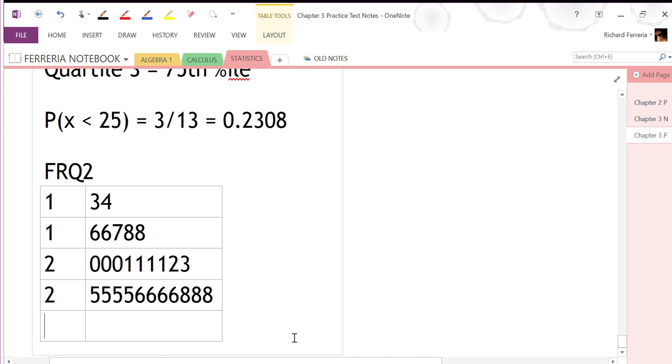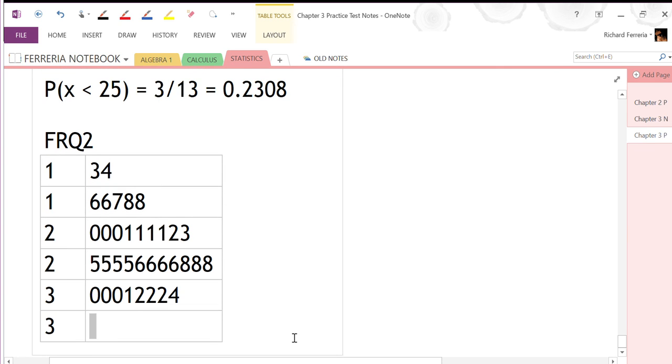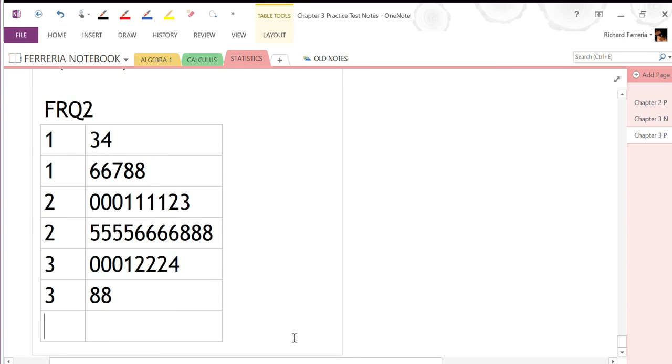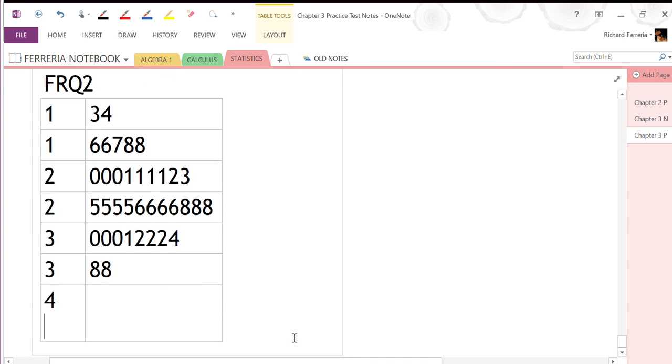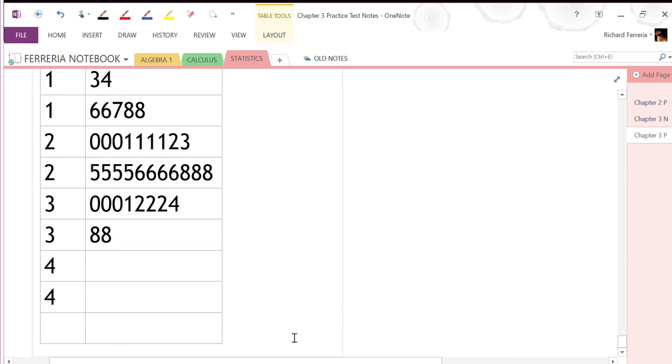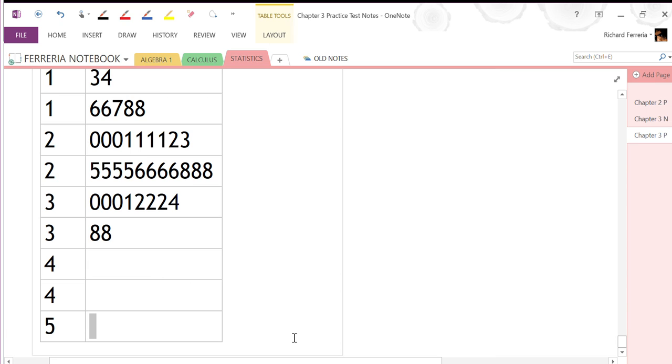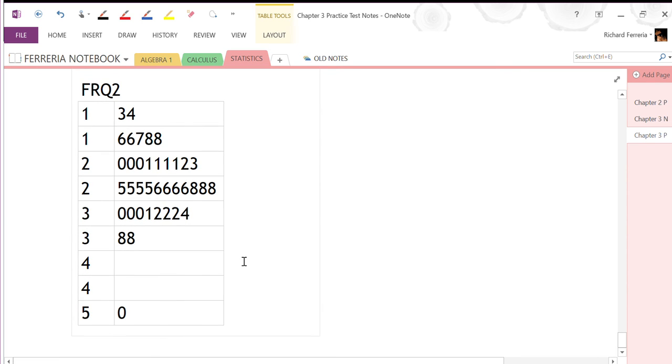Next one we have is 3. That's 0, 0, 0, 1, 2, 2, 2, 4. Everyone's okay getting these stems, right? Stems and leaves, yeah. If it wasn't split stem, would it be correct? No. 3, 8, 8. 4, nothing. 4, nothing. 5, 0. Let's turn these all into Courier so they crystallize a little bit.